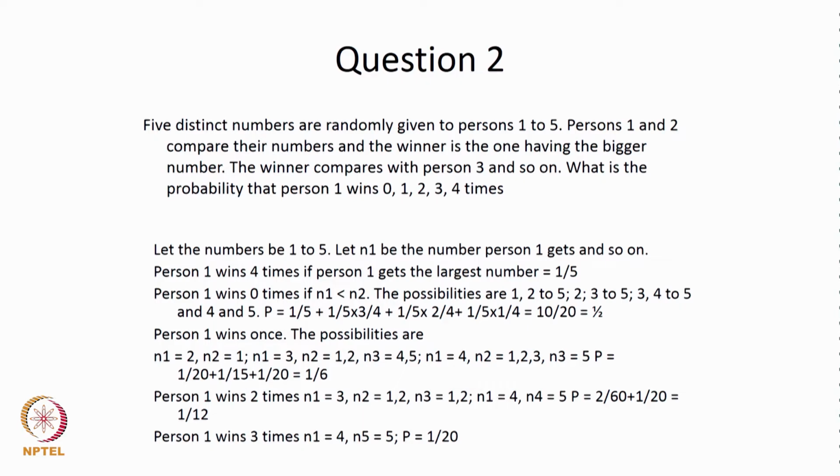Person 1 will win 0 times if n1 is less than n2, which means the number that person 1 gets is less than the number that person 2 gets. So, this can happen in many ways. Person 1 can get number 1 while person 2 can get anything from 2, 3, 4 and 5.